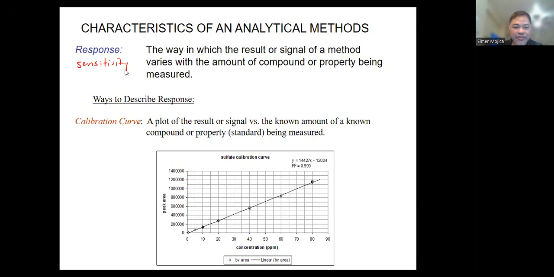So when we're talking about response, we're talking about sensitivity. And if we're going to look at this sensitivity, typically this is what? The ability to distinguish between small differences in concentration between samples at a desired confidence level.